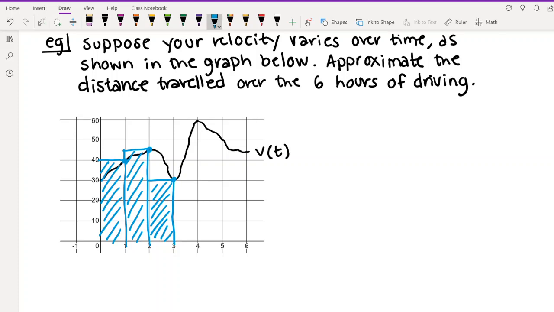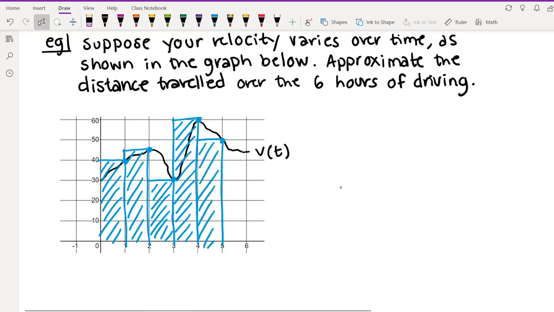But now we go to the right endpoint at 4, and that gives us this point. And then if we go to the right endpoint here, that gives us this point. And then we go to the right endpoint here, and that's where we get this.